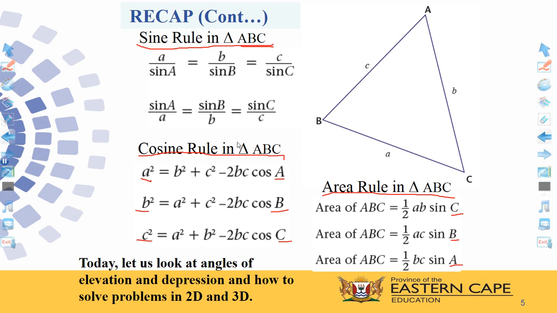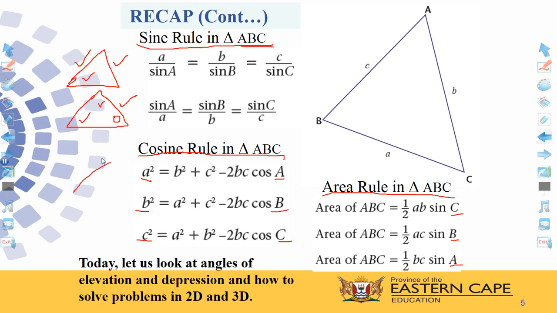Of course, I indicated that for the sine rule, you must be given two sides and any of the angles opposite to what you are given, or you must be given two angles and any side, because if you are given two angles, then you know the third angle as well. That's what is very important.